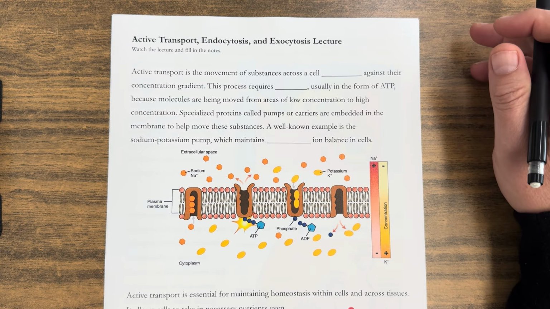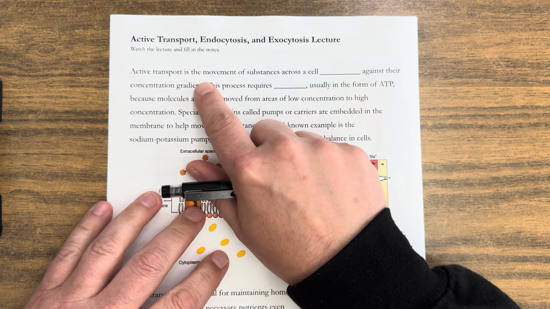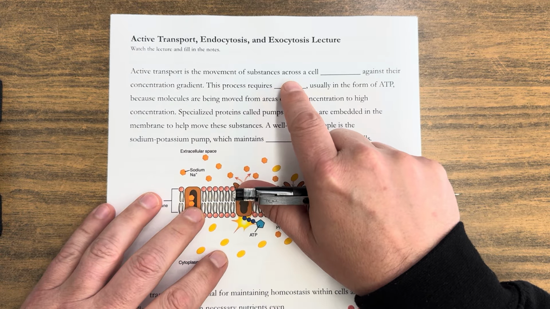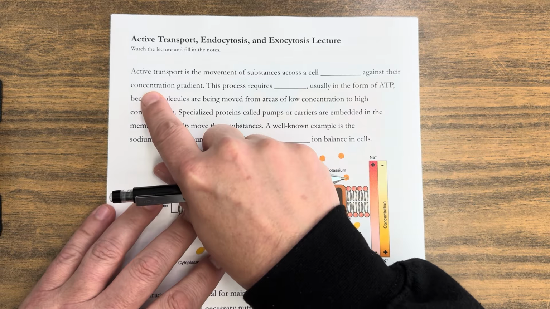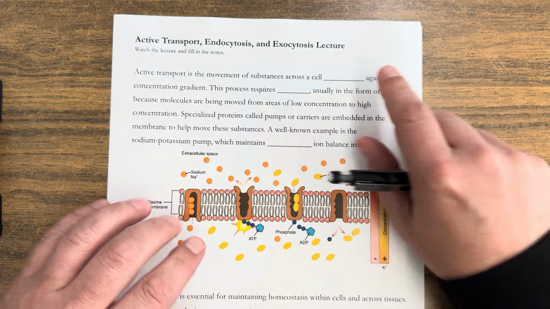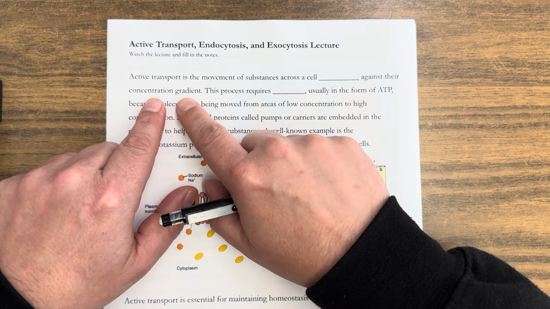So let's get started. Active transport is the movement of substances across a cell membrane against their concentration gradient. This is the big one, against their concentration gradient.